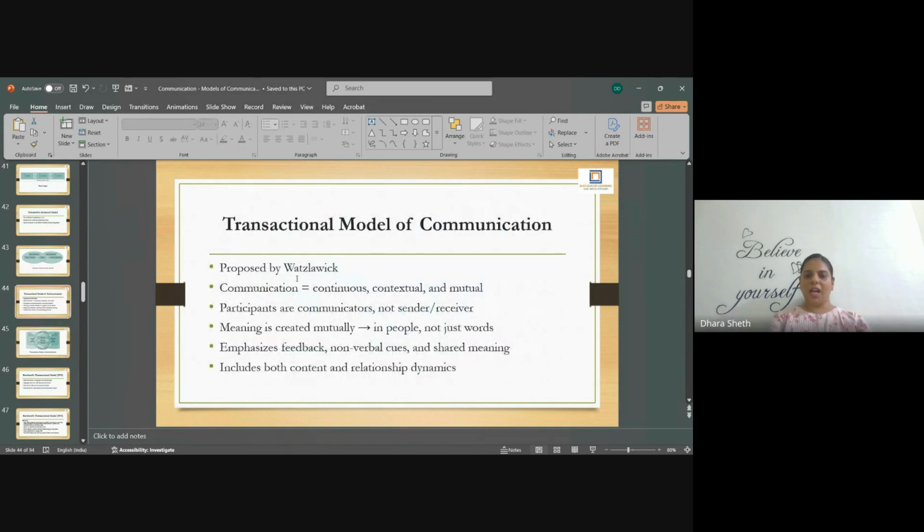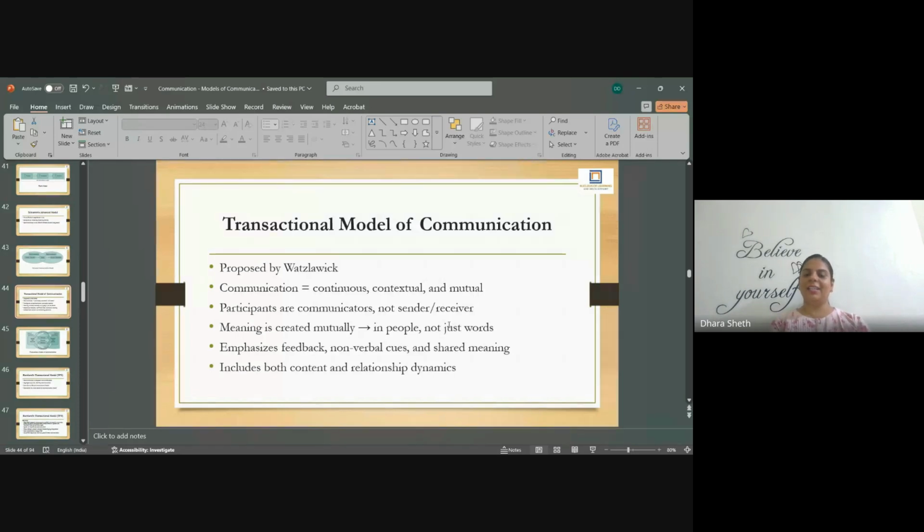So Václavic is the person who proposed this. Communication is continuous, contextual because there's field of experience, and mutual. Participants are communicators, not sender or receiver, because both of them are sending and receiving. So those who can send and receive both, he said that let's call them communicators.